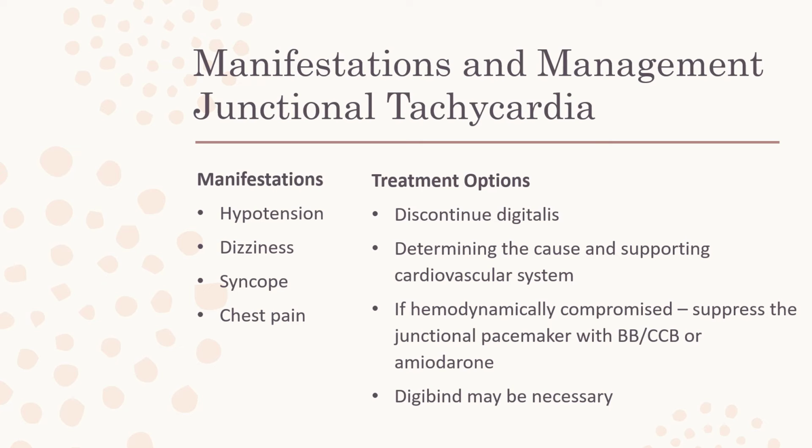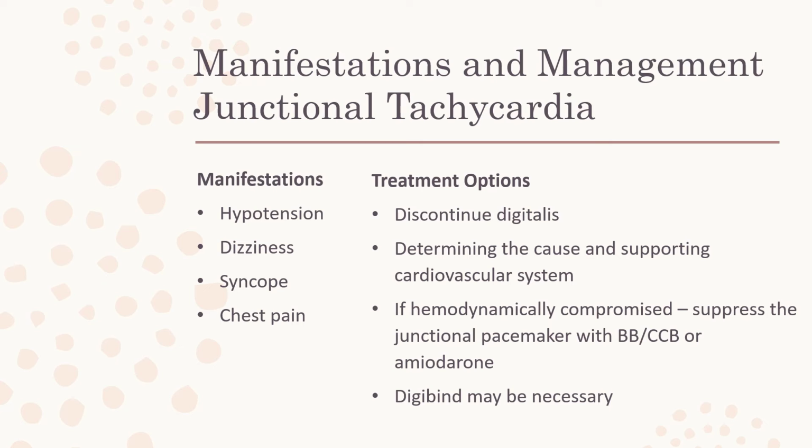So what are our treatment options? We said one of the most common reasons that we see junctional tachycardia is digitoxicity, so we're going to discontinue our digitalis. We're going to determine the cause and support the cardiovascular system. If the patient is hemodynamically compromised, we want to suppress this junctional pacemaker.